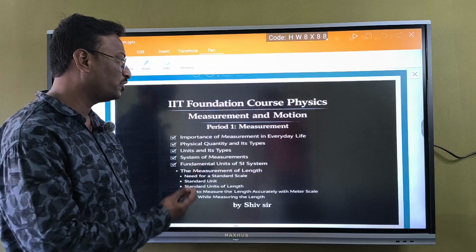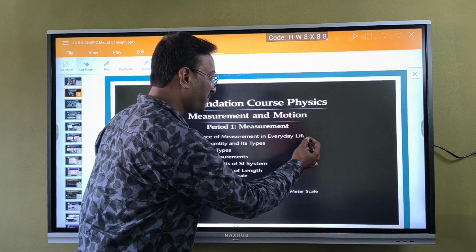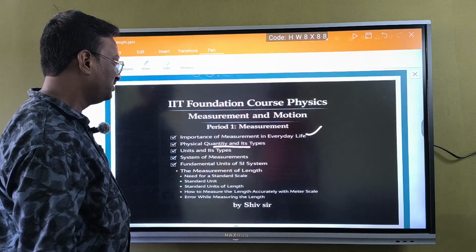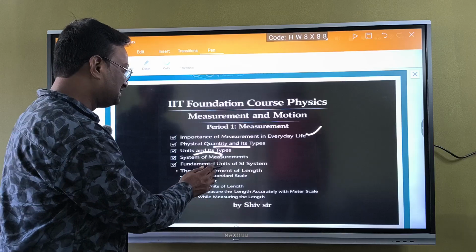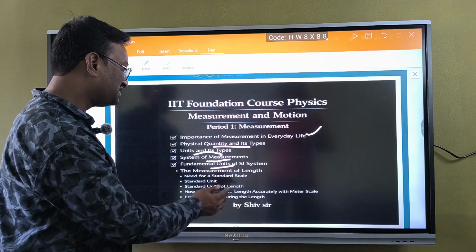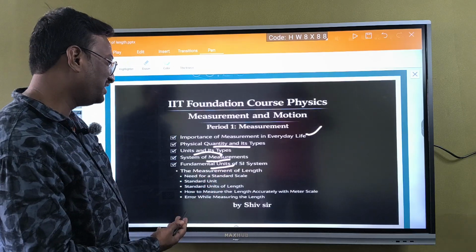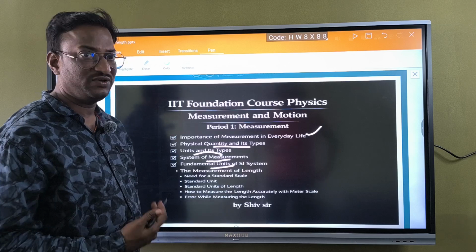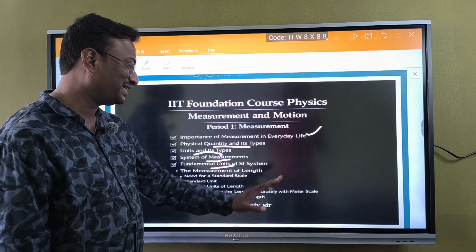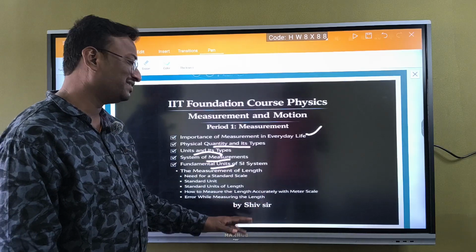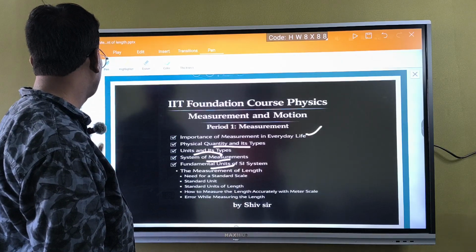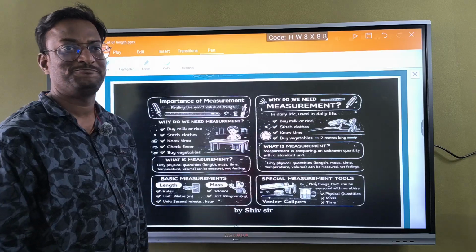In this period, we are going to discuss the importance of measurement in everyday life, physical quantity and its types, units and its types, system of measurements, fundamental units of the SI system, the measurement of length, need for standard length, standard unit of length, how to measure the length accurately with a meter scale, error while measuring the length, and so on. We shall discuss one by one.